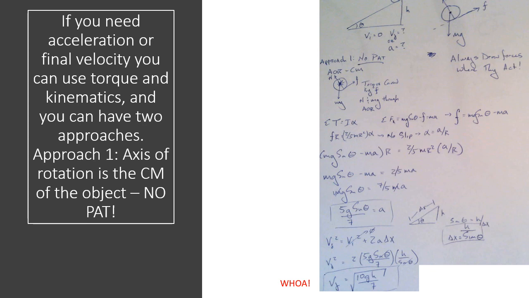It could be slowing down, it could be speeding up, but it has to be accelerating, right? And the same thing with torque. If there is only one torque acting on an object, it has to be accelerating. All right, so we get F times R, or friction times radius, is equal to 2/5 mr squared times a over r.